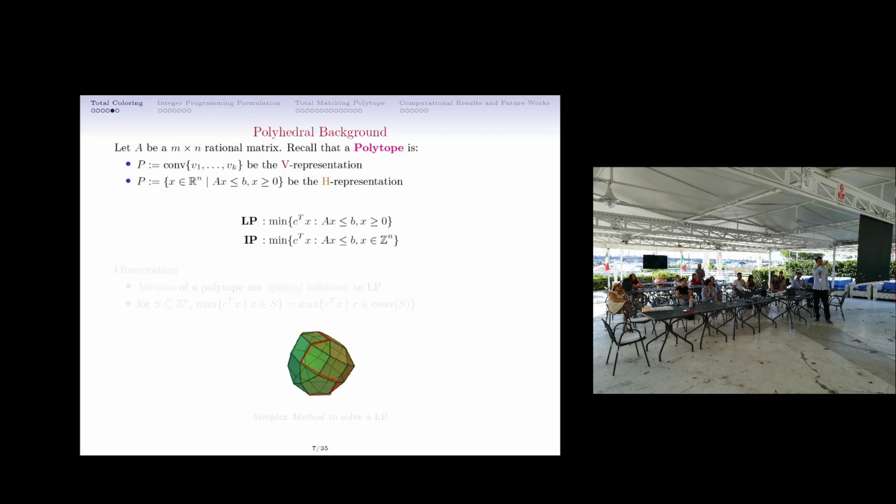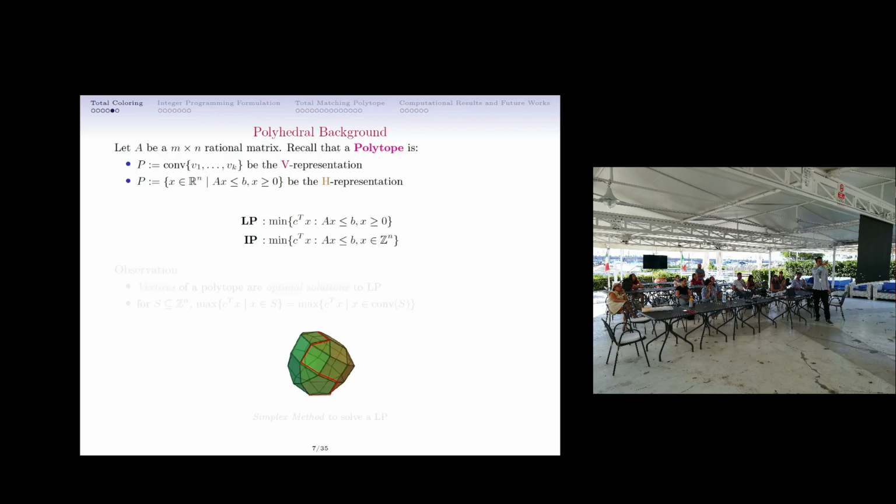The first one: given a finite set of points V1 to Vk, which are the vertices of the polytope P, then P can be seen as the convex hull of the vertices V1 to Vk.